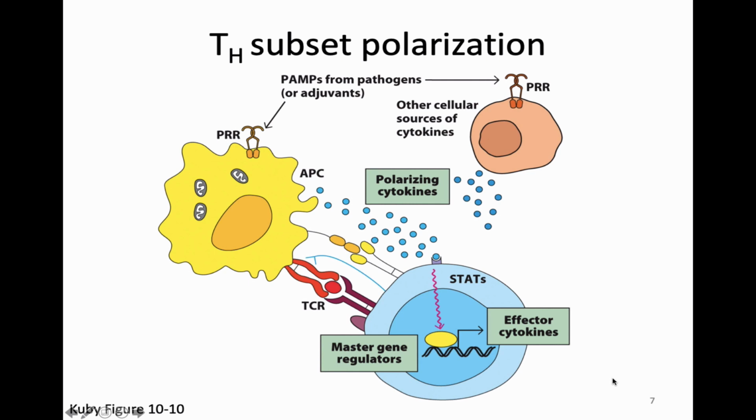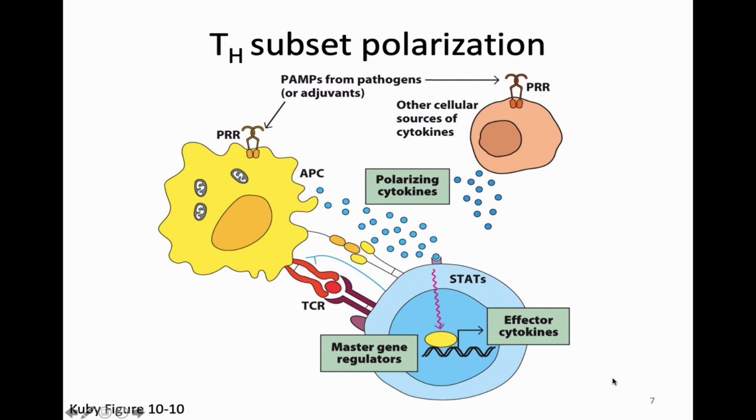One of those is what cytokine the naive CD4 T cell receives as a polarizing cytokine that turns it from a naive T cell into a particular type of helper CD4 cell. That cytokine often comes from the original antigen presenting cell, and that is often based on which PRR was recognized when that antigen presenting cell saw a pathogen, leading to a signaling cascade and the production of some specific cytokine.